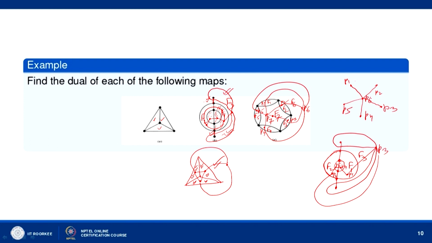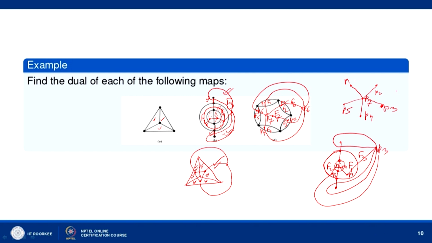So, I take this as P7 and join like this. P7 is joined to P1, P2, P3, P4, and P5. Now, P7 is not joined to P6 because they do not have a common region.